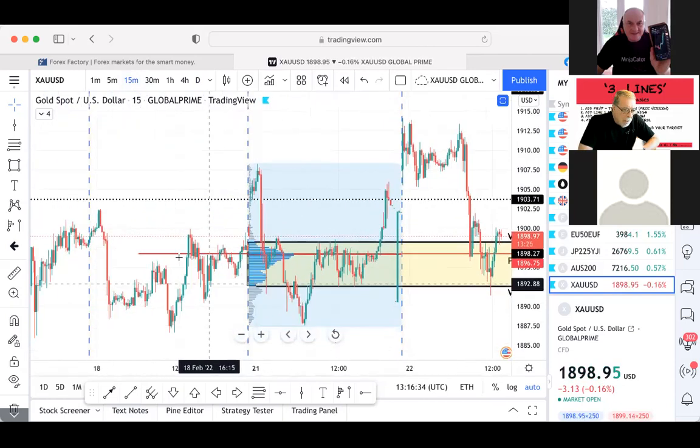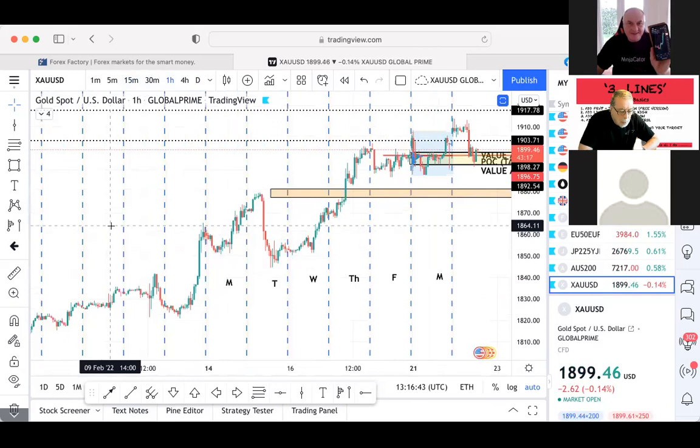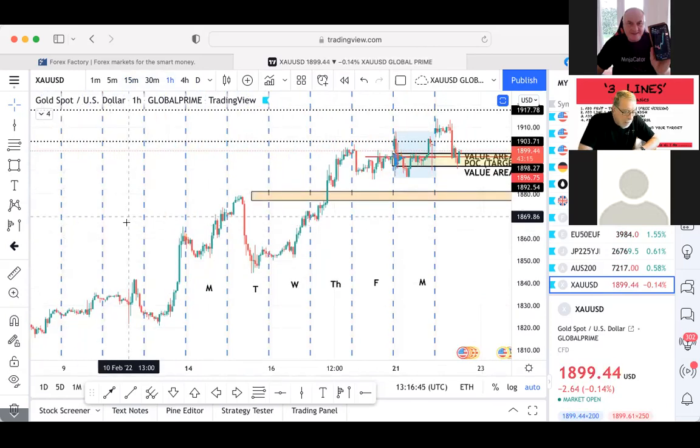What I did on my 5-minute session yesterday was I did a slightly different volume profile. I used a different time scale. What I did was I went back to this 10th of February where price wicked down, and that was the lowest it had been for quite a while.